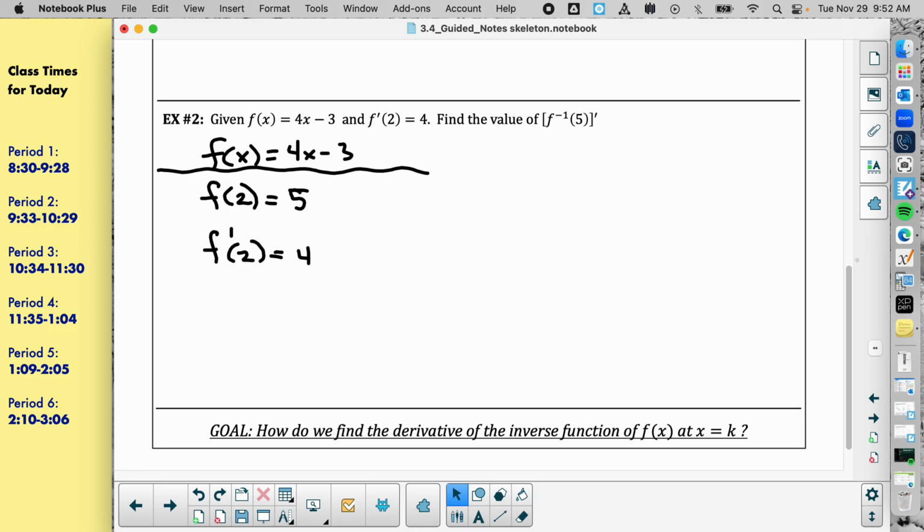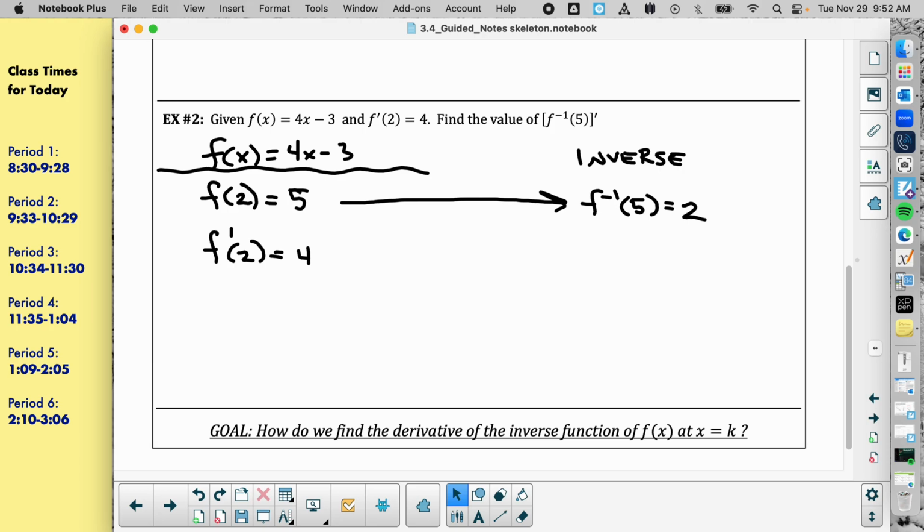So its inverse location would be at 5, 2. Instead of 2, 5, F inverse of 5 would equal 2. So these two locations correspond together.